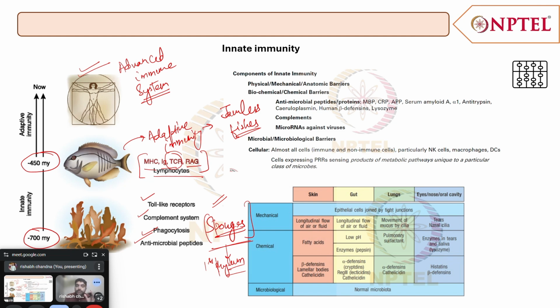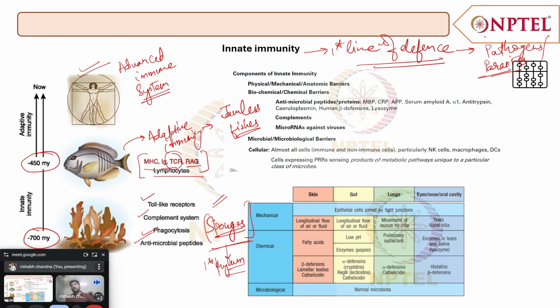So now we'll start with the innate immunity, that is the first line of defense. It is basically the first line of defense inside the body and that helps against all the pathogens or any of the parasites that try to enter the body.